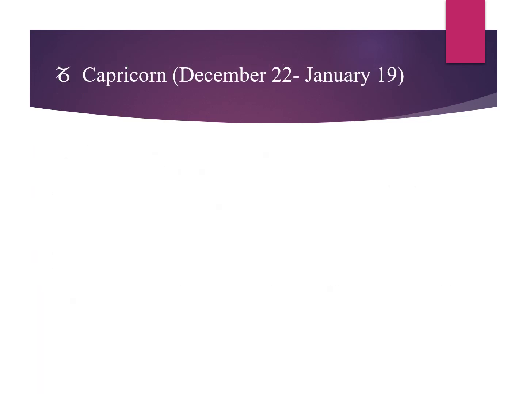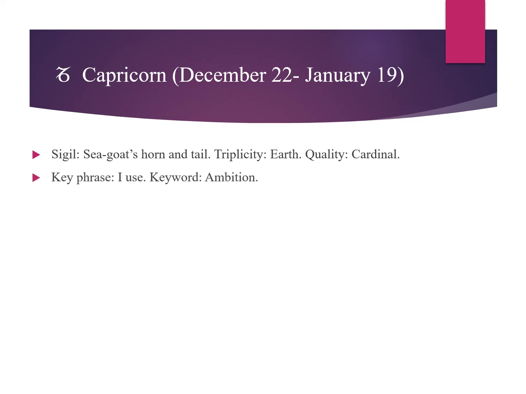Next is the sign of Capricorn, which runs from December 22nd to January the 19th. The sigil for Capricorn is the sea goat's horn and tail. Its triplicity is earth, and its quality is cardinal. Capricorn's key phrase is I use, and its keyword is ambition.